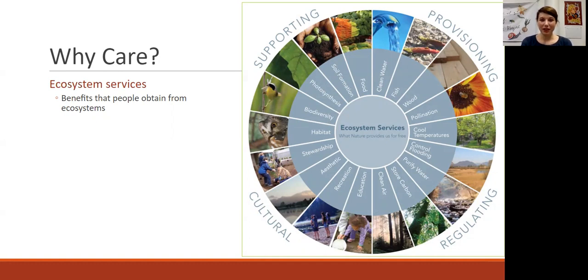Ecosystem services are broken down into these different categories. We have supporting services, provisioning services, regulating, and cultural services. And we're going to talk about what each of those categories means.